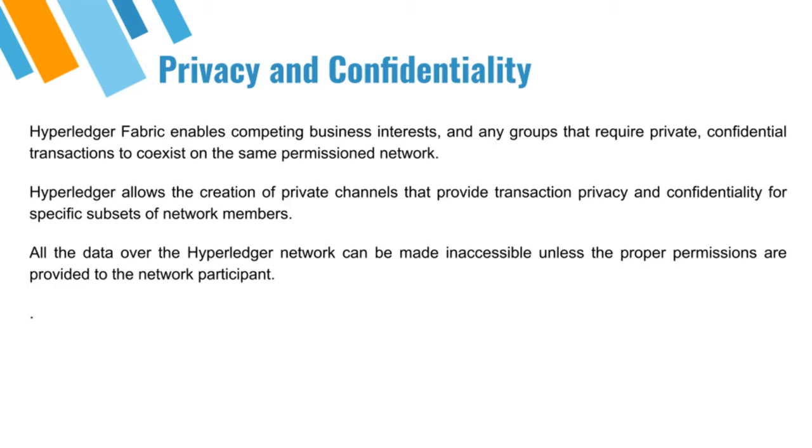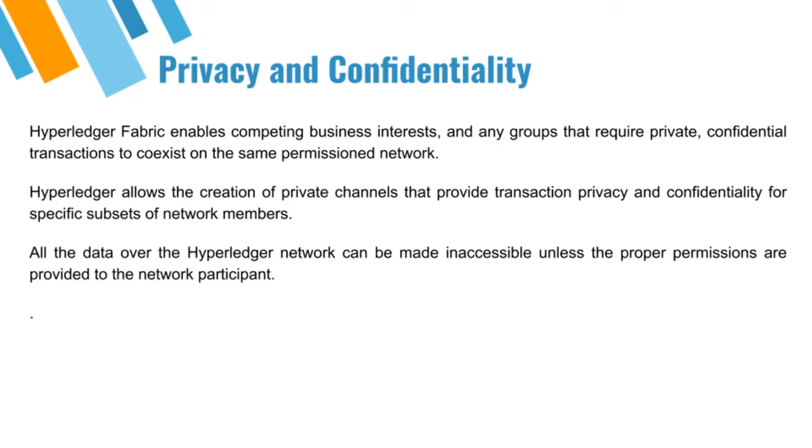We don't want the consumer to see the manufacturer's data, or the manufacturer to see the consumer's data. To handle these situations, Hyperledger provides the option of private channels, where participants can have private channels between each other and share data on top of them. Moreover, we can also provide proper permissions for the network participants to make the data accessible or inaccessible to different parties.